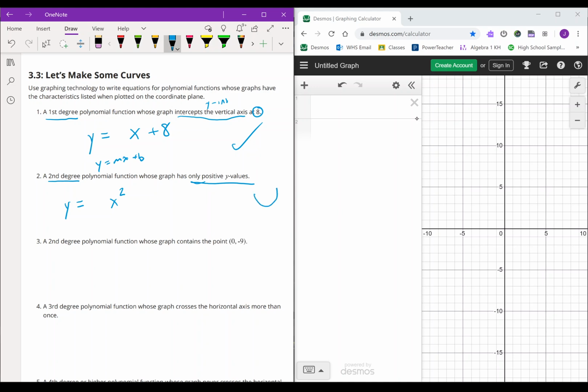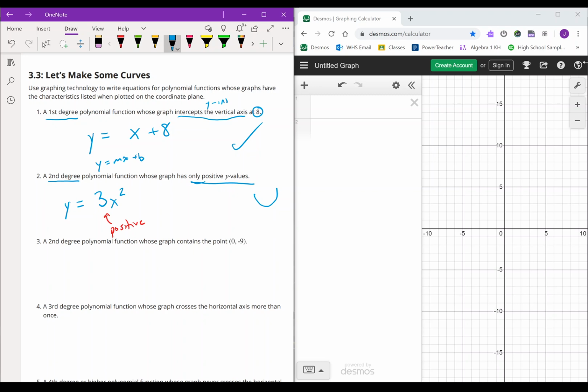It must look like this, because if it opened down, then it would definitely have negative numbers eventually, because it goes on and on forever downwards. So it must open up, which means I need to have a positive number out front here. Now, that positive number could just be 1, or it could be whatever I want. It could be 3, as long as it's positive. Doesn't matter.